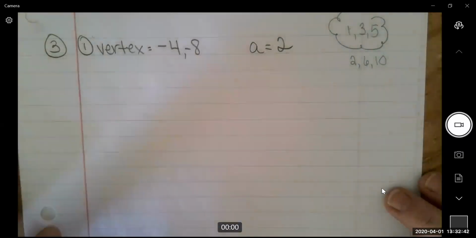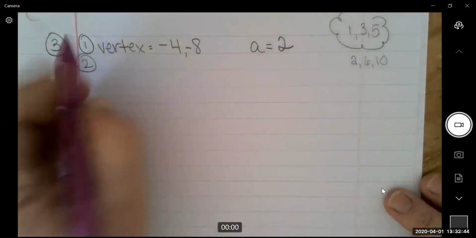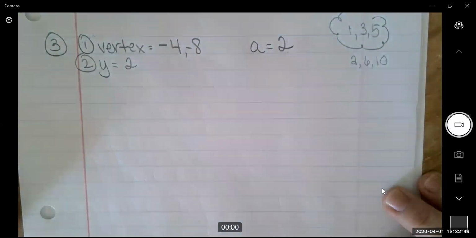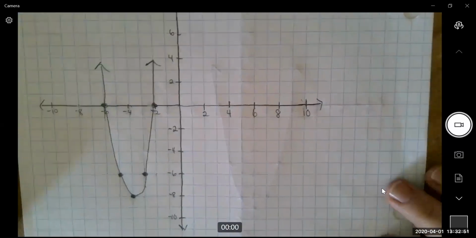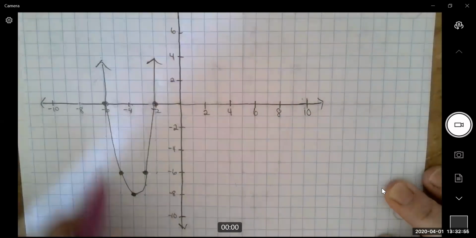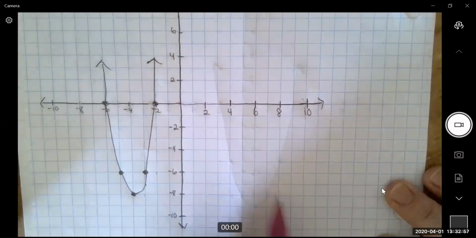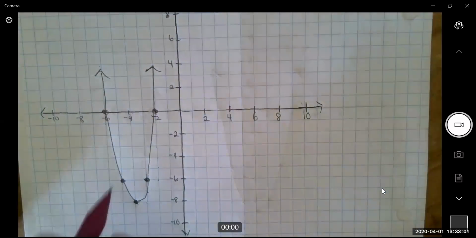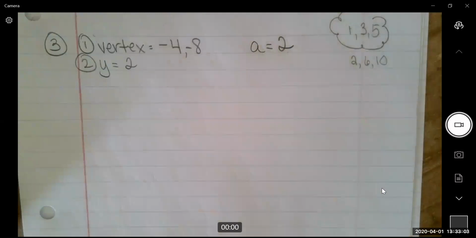So A equals 2. I realize I didn't go through any that are negative, and you know that because they're all facing up like a smile. We had none facing down like a frown. If this were down like a frown, this would be a negative 2. So we don't have a negative, it is definitely positive.